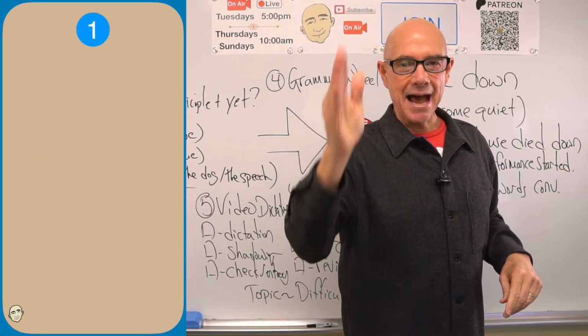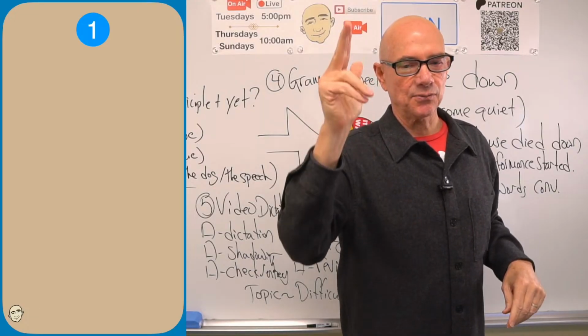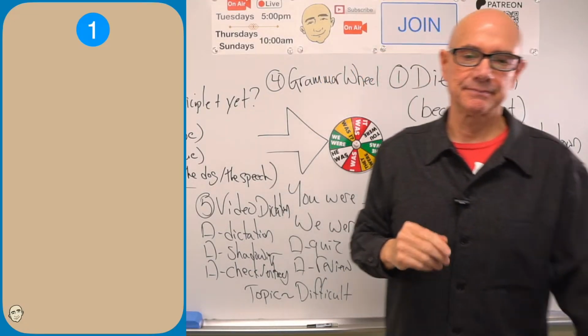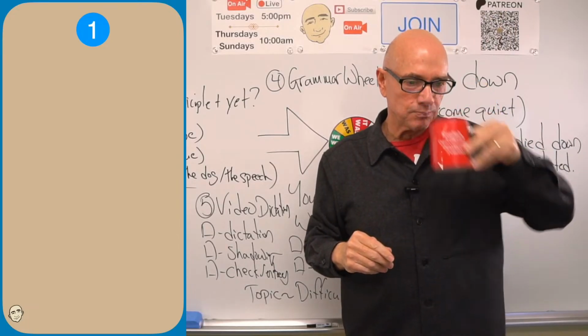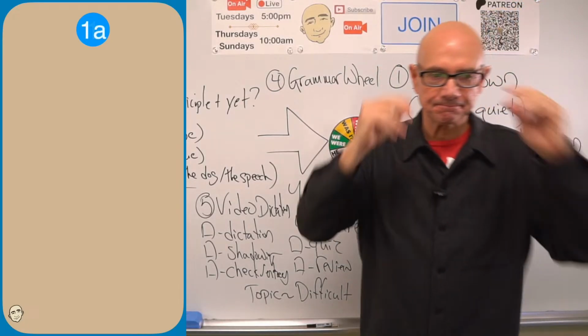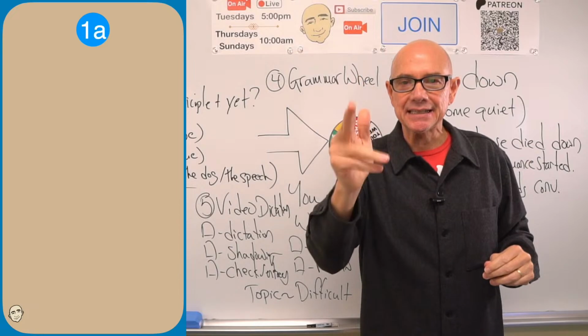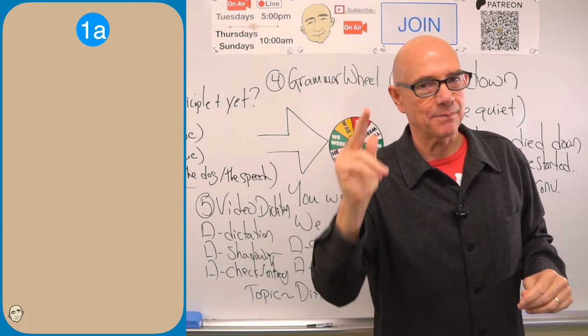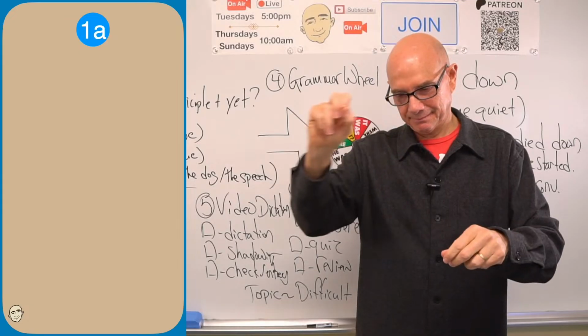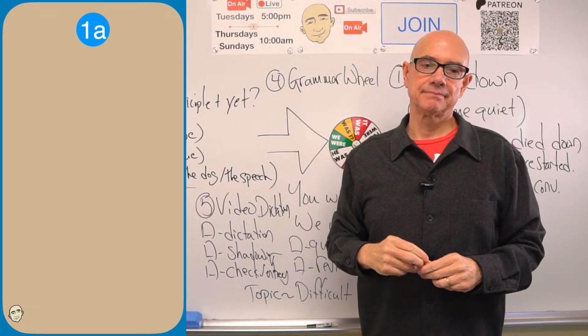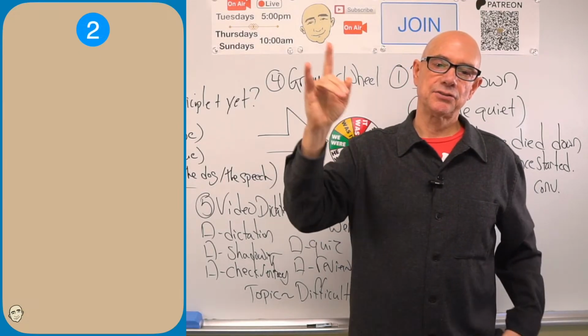1. Math is difficult for me. Math is difficult for me. 2.